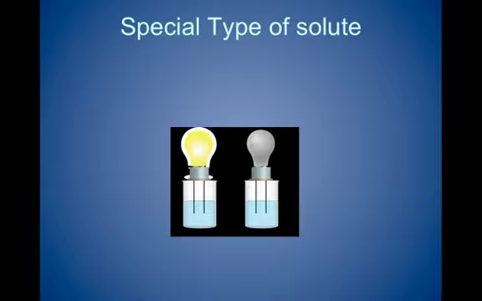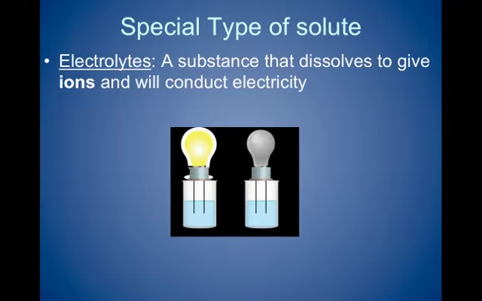There's a special type of solute, and it's called an electrolyte. An electrolyte implies electricity maybe, and that's exactly what happens. An electrolyte is one where if you dissolve that substance in water and make a solution, it will conduct electricity. And how does it conduct electricity? Well, you've got these two electrodes, and they're separated. Now, this is connected to a light bulb.